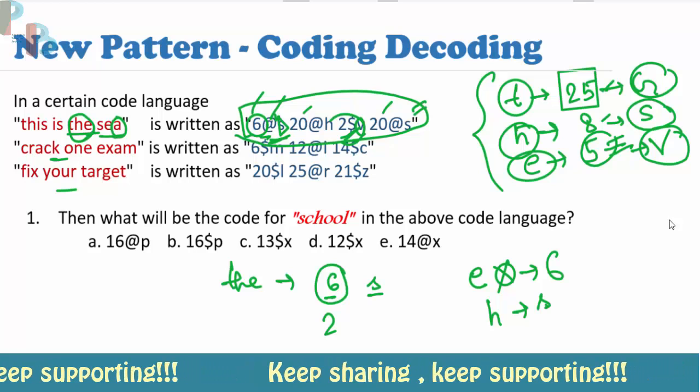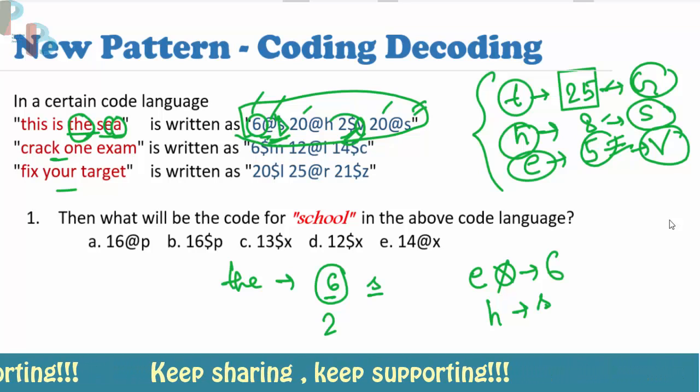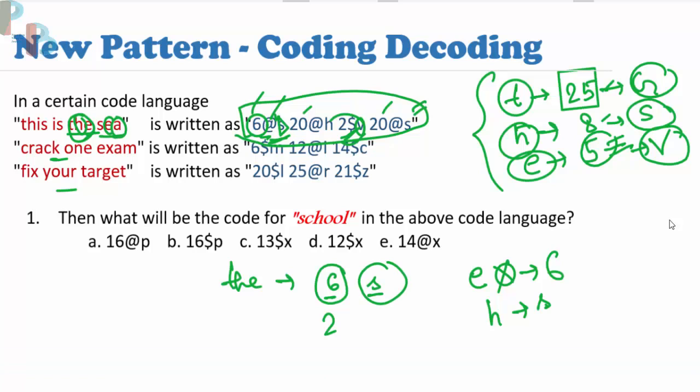And for this E we will be taking this E because we have taken H for S, the second digit. So here the second digit is E. So for E we will be taking V because the opposite letter in the alphabetical series is V. So for E we are getting V. So this is perfectly fitted for this.